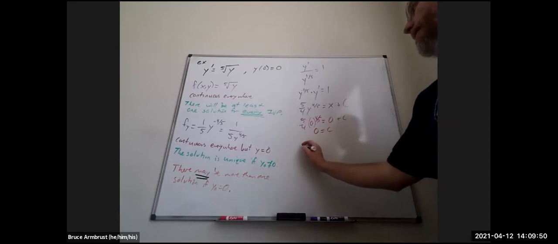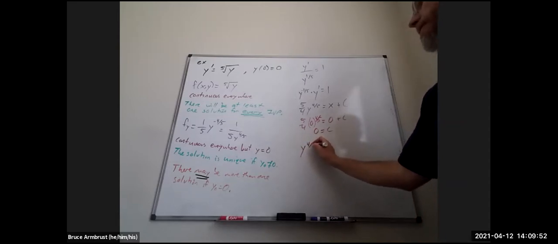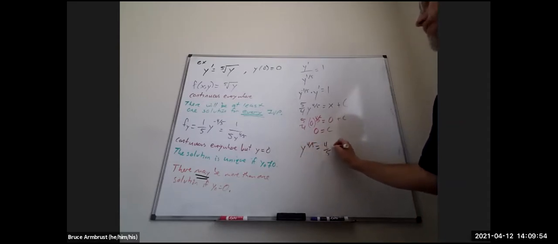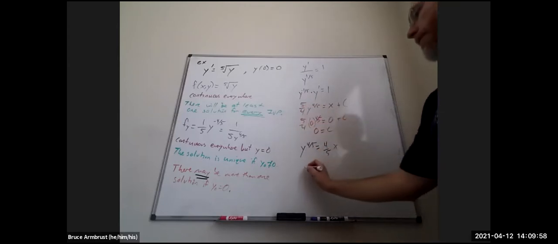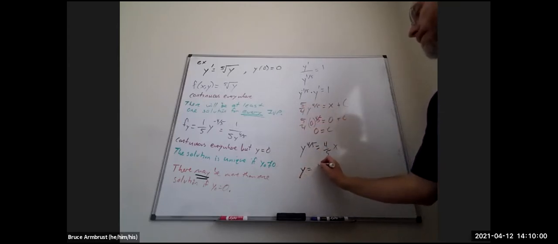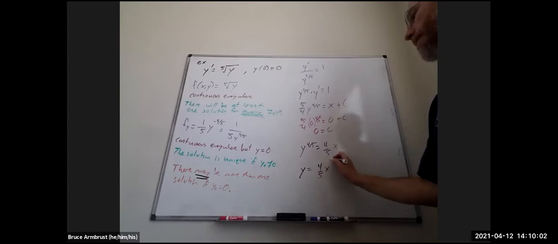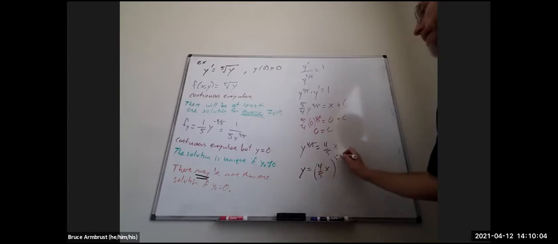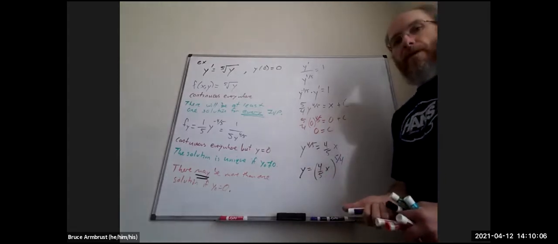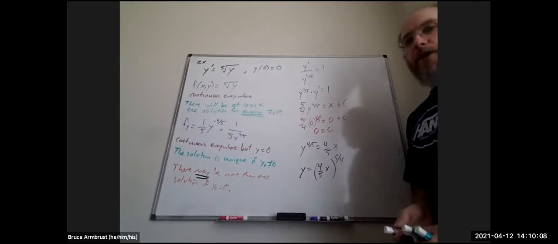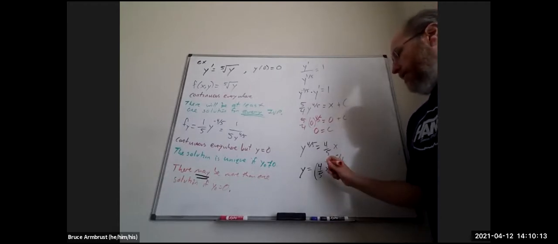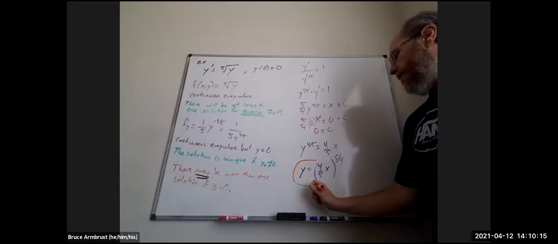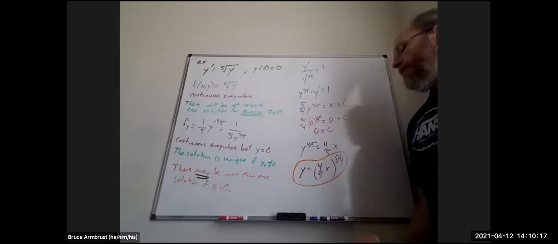So I'm just going to rewrite this as y to the 4/5 equals 4/5 x, divide by the 5/4. And then I'm going to go ahead and solve it for y. And so here is a solution to that differential equation.